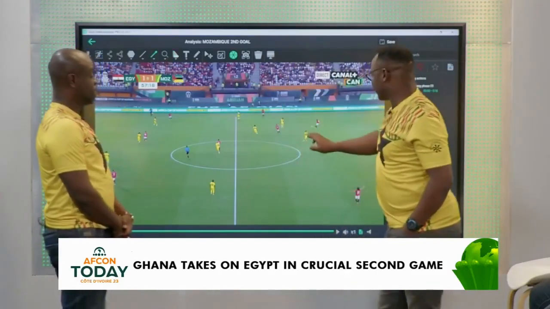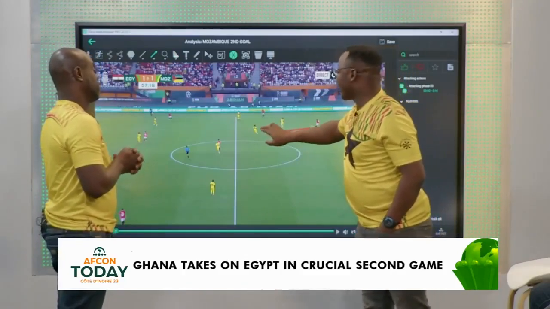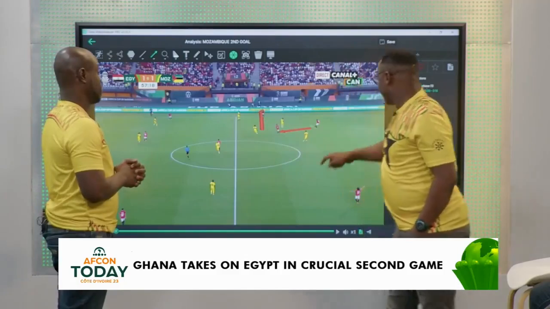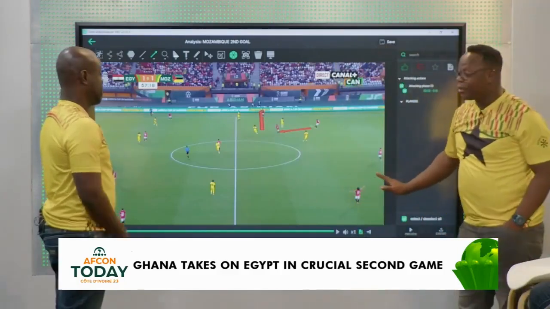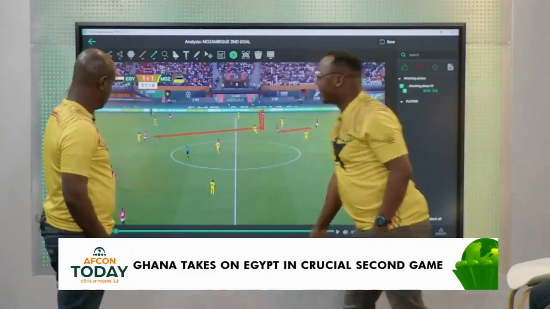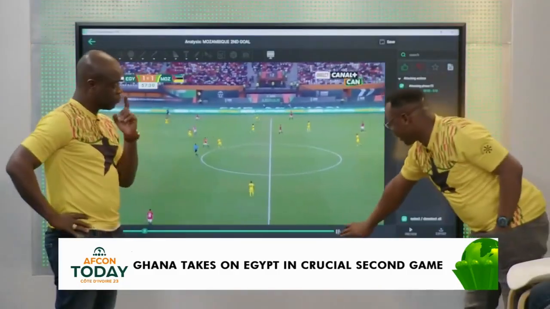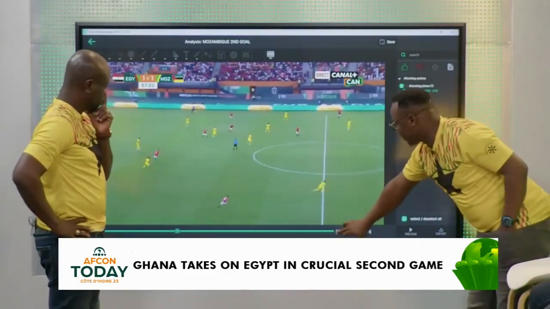So you can see there's no way he finds this, because he's marked by 2. He can't go there. He could have come here, to be fair, but he wanted to keep the ball going. So instead, he goes all the way to Zizou, who did get to the ball. But then look, as Zizou gets to the ball, look at the number of Mozambican players that came after him.